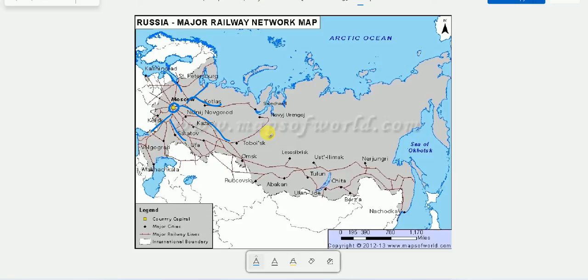And here, the Ural Mountain is somewhere here, and west of the Ural Mountain, the railway density is very, very high. Whereas in the Siberian part, it is not industrially developed, and that is why railway density is low in Russia.